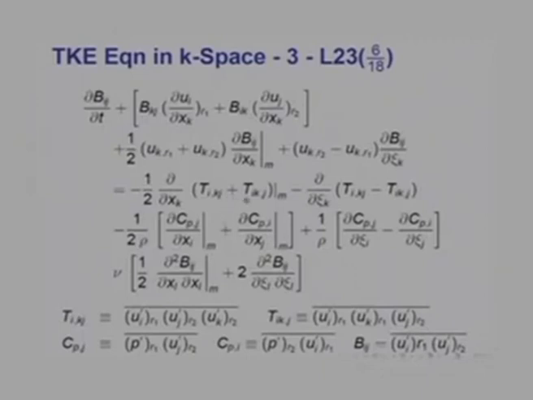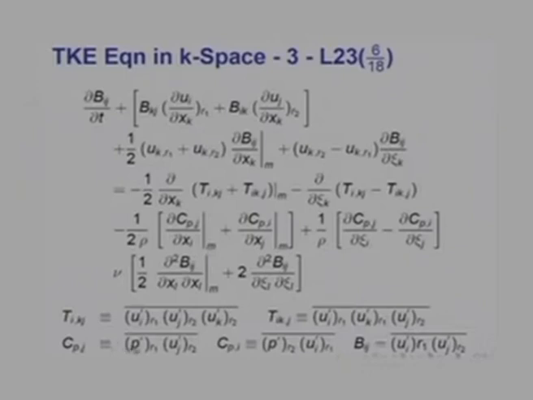So, you get that transfer term, minus d by d psi k, based on the difference between the 2 points, then minus 1 over rho, d Cpj by dxi at m.